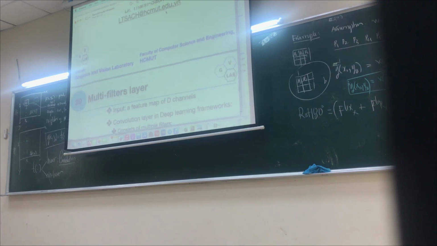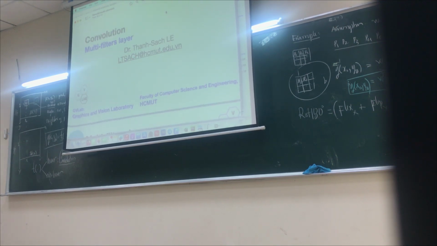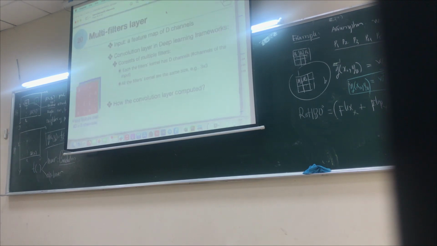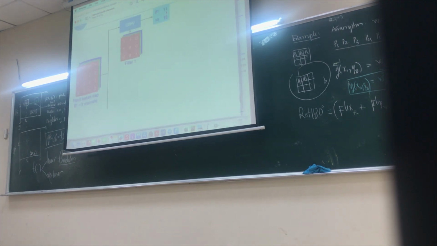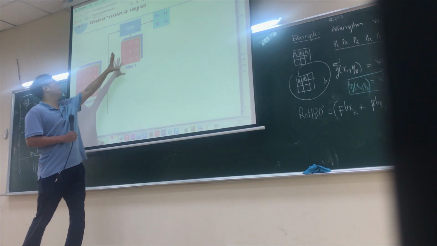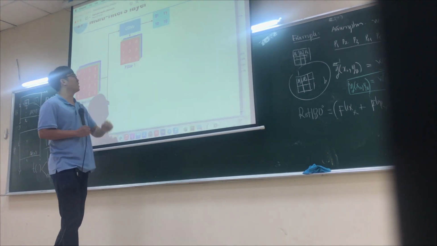So what happens with multiple filters, on top of multi-channel data? With multiple filters you perform multiple convolutions, each with its own parameters. For example, for the input image, kernel 1 or convolution 1 gives you one channel.